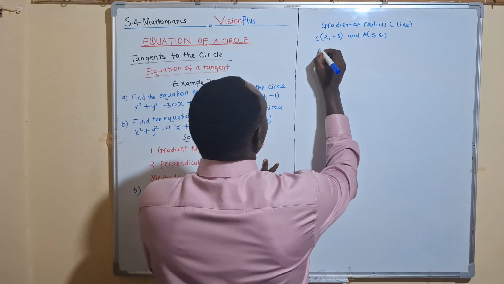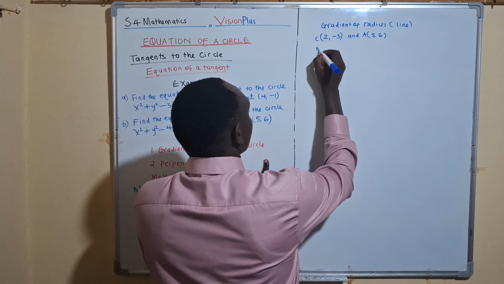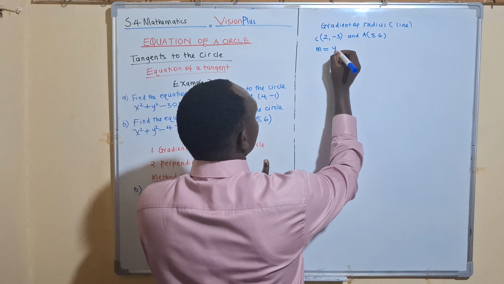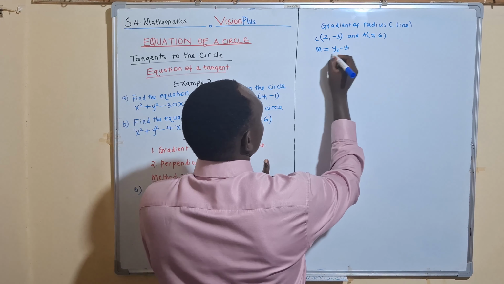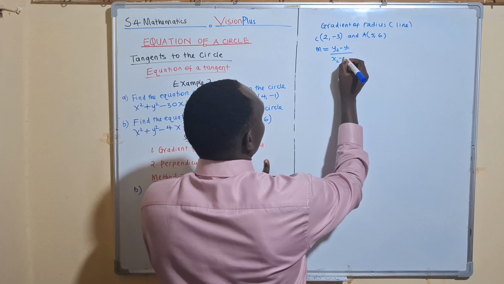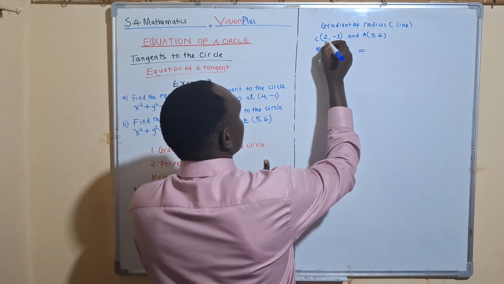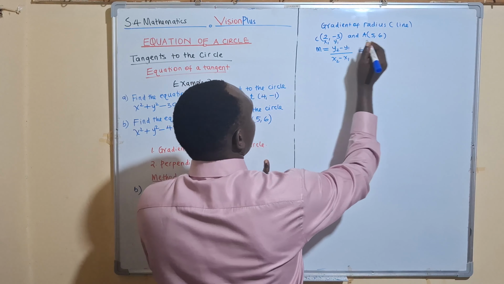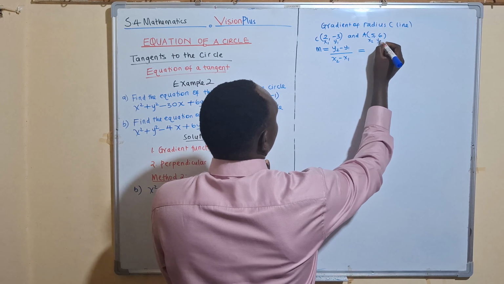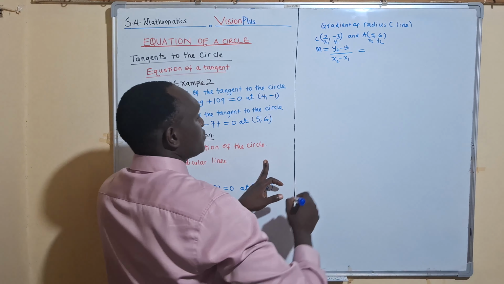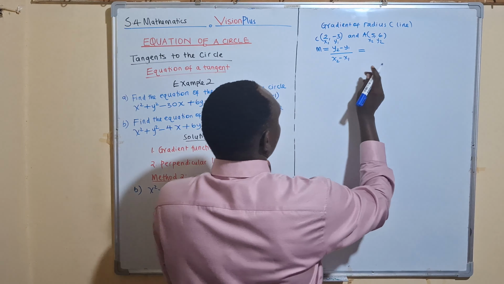So for us to get the gradient, the formula m is given by change in y, which is y2 minus y1, out of x2 minus x1. Then you name your points the way you want: x1, y1, x2, y2. You must know this from your senior 2 coordinate geometry.